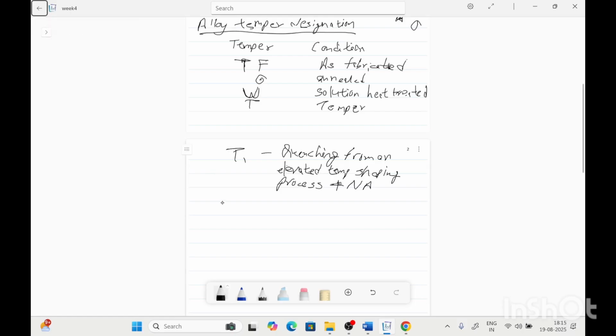Then T2 represents the same quenching from a high temperature shaping process plus cold work plus natural aging.